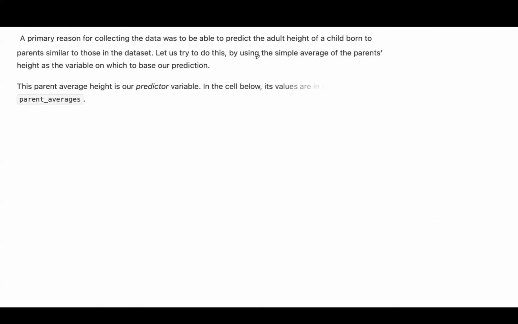A primary reason for collecting the data was to be able to predict the adult height of a child born to parents similar to those in the dataset. So we're going to try to do this by using the simple average of parents' height as the variable on which to base our prediction. This parent average height is our predictor variable.